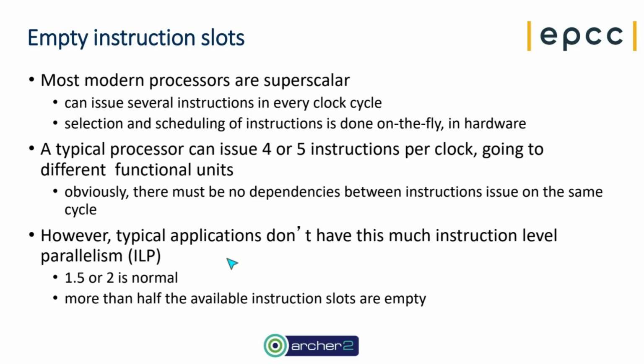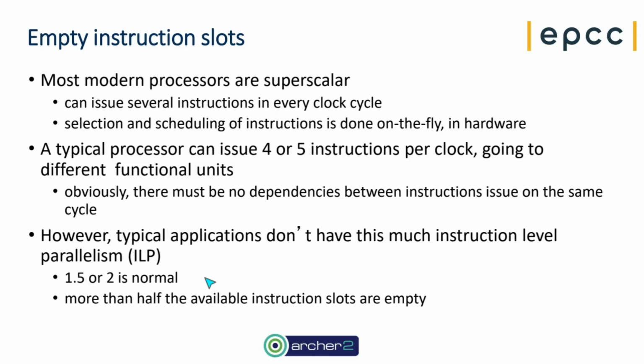If you look at the assembly code and work out the dependencies between the instructions, and say on average how many instructions could be executed at the same time, then for typical applications the answer is around 1.5 or 2 on average.